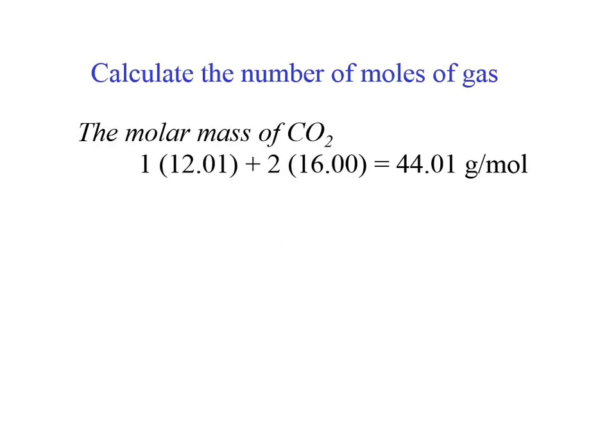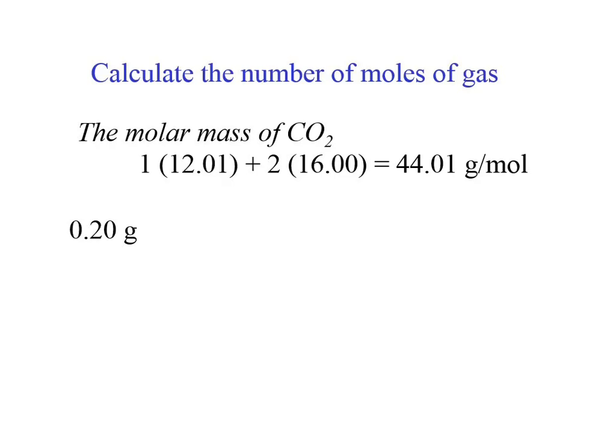Like I said, we're going to have to go from those grams of CO2 to moles to get our N. In order to go from grams to moles, we need the molar mass of CO2. So we take 12.01 plus 2 times the decimal number for oxygen, 16.00. The molar mass we're going to use is 44.01 grams per mole. It's kind of a side problem.